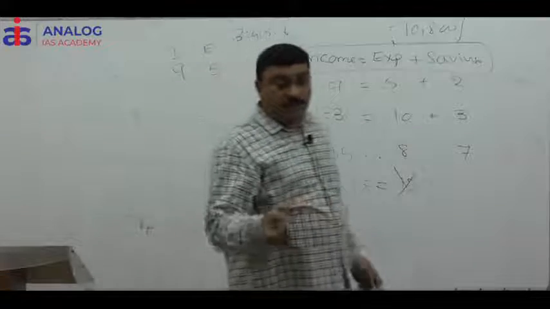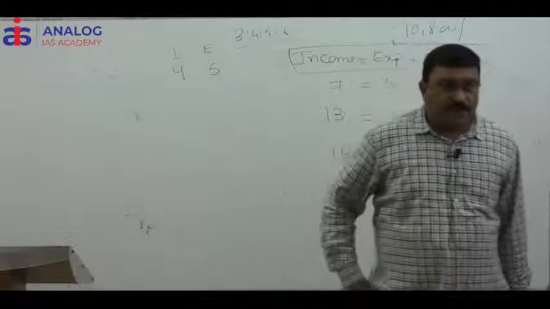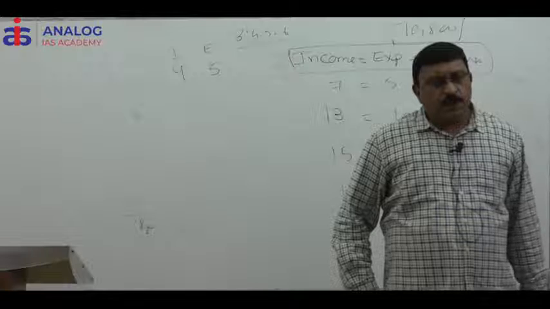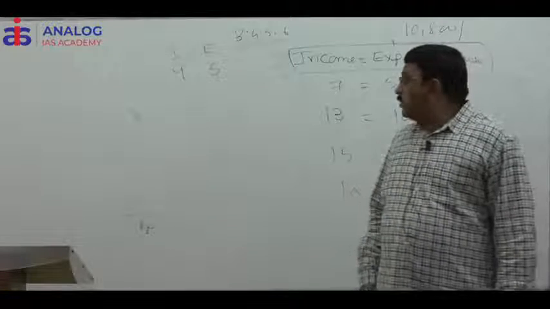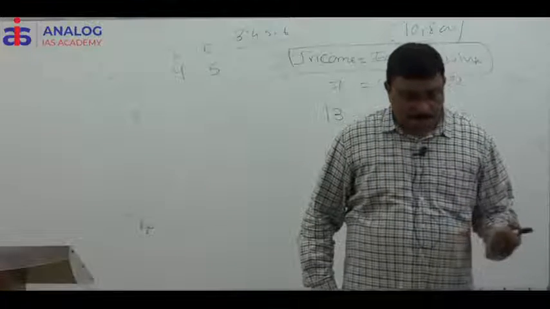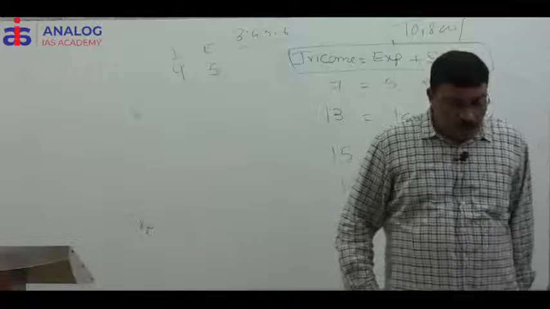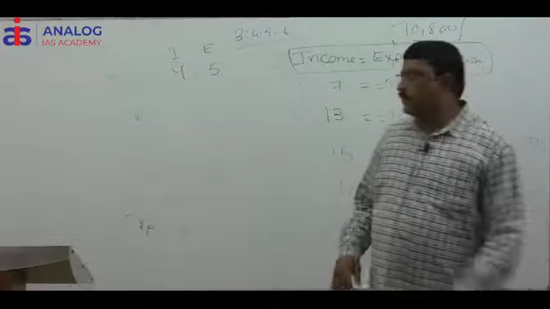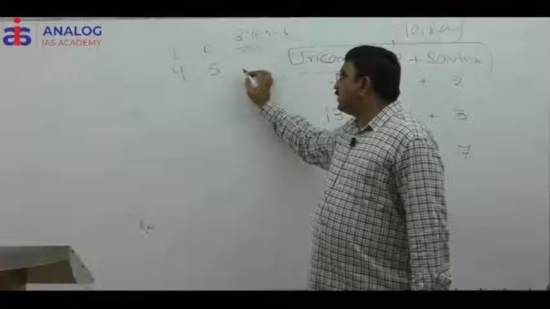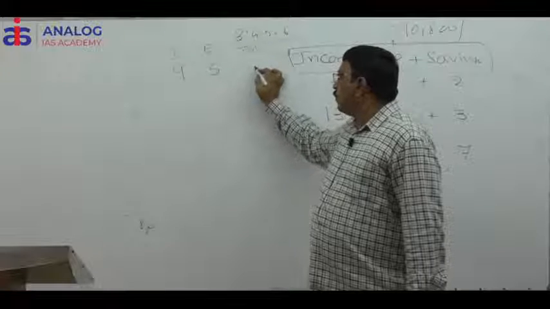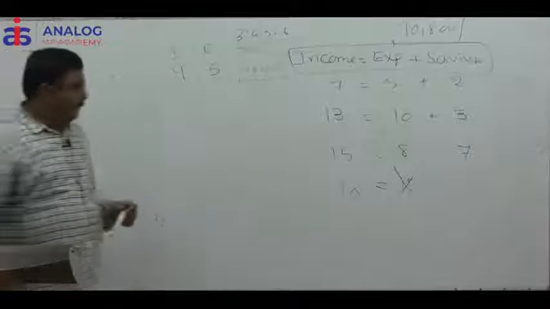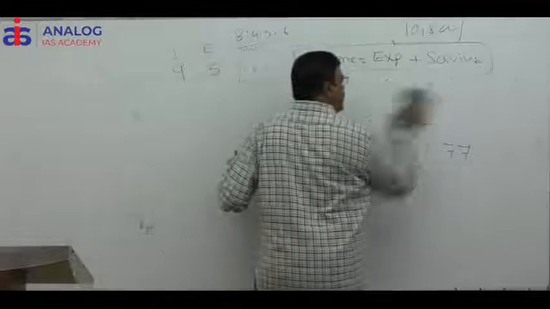If his savings is 4,800 rupees, what is his income? Income, expenditure, savings.